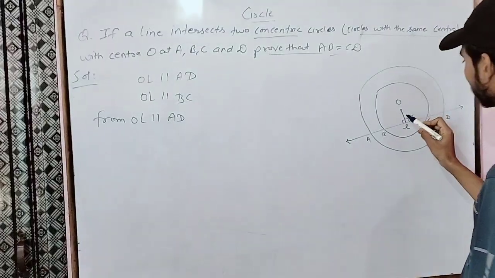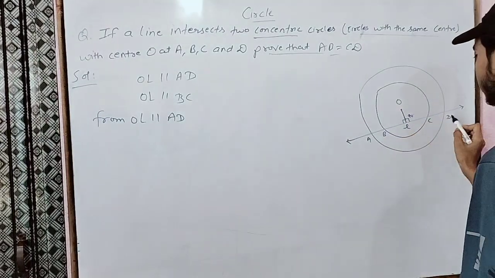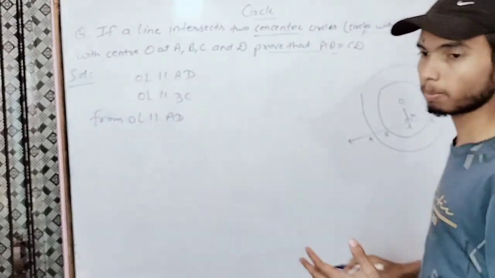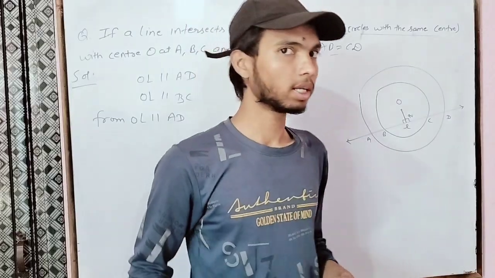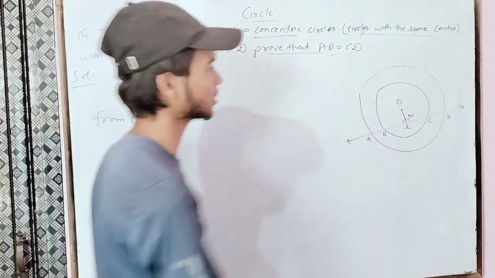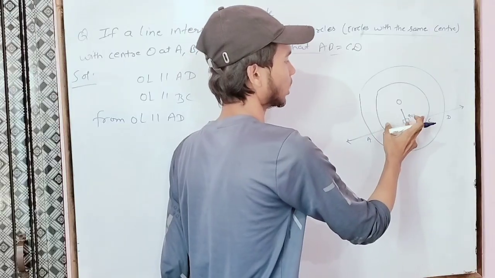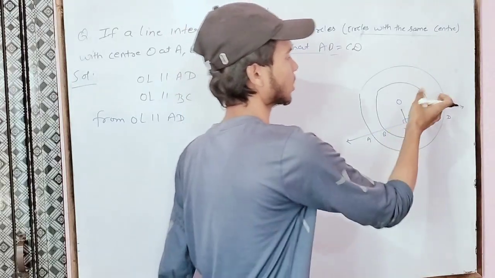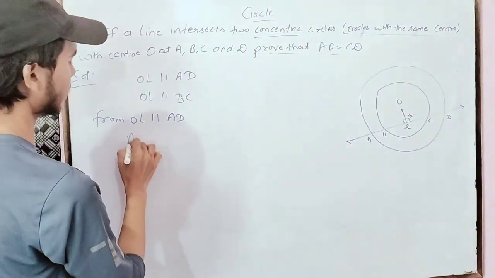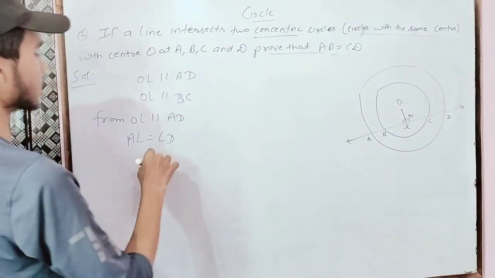Here what can you say? OL bisects AD. The meaning of this is that the distance from A to L will be the same as from L to D. So we can say AL is equal to LD. The reason is bisecting.